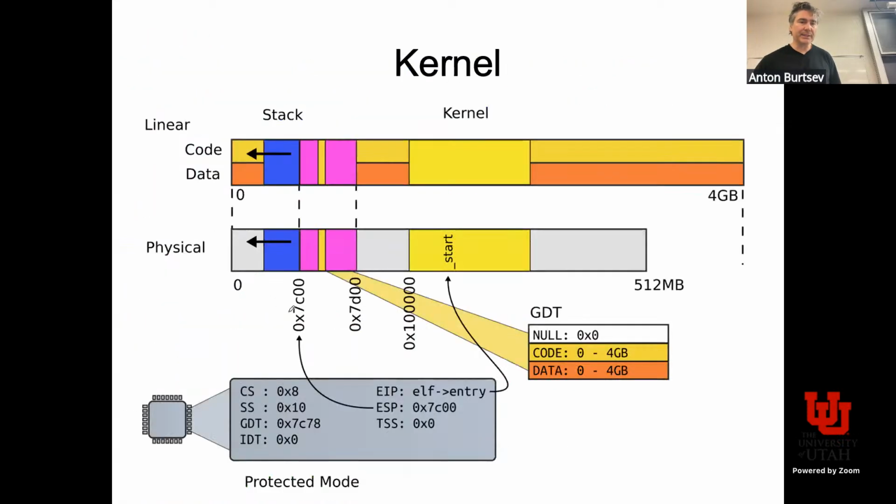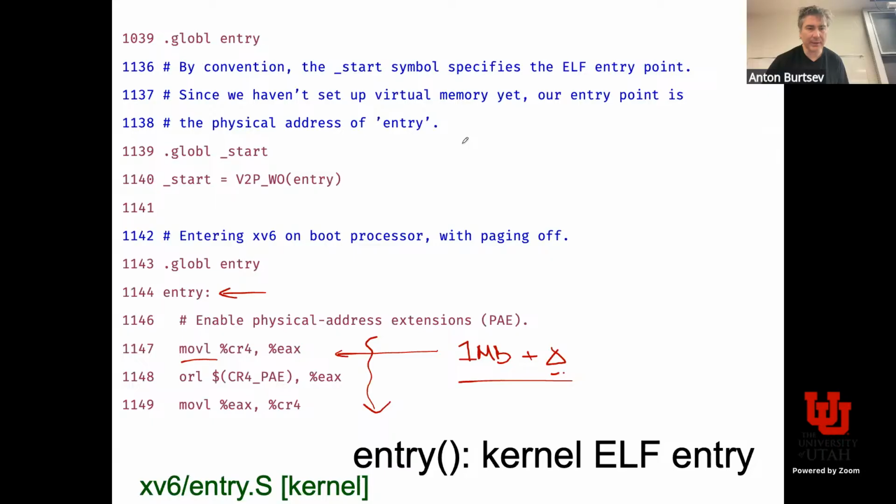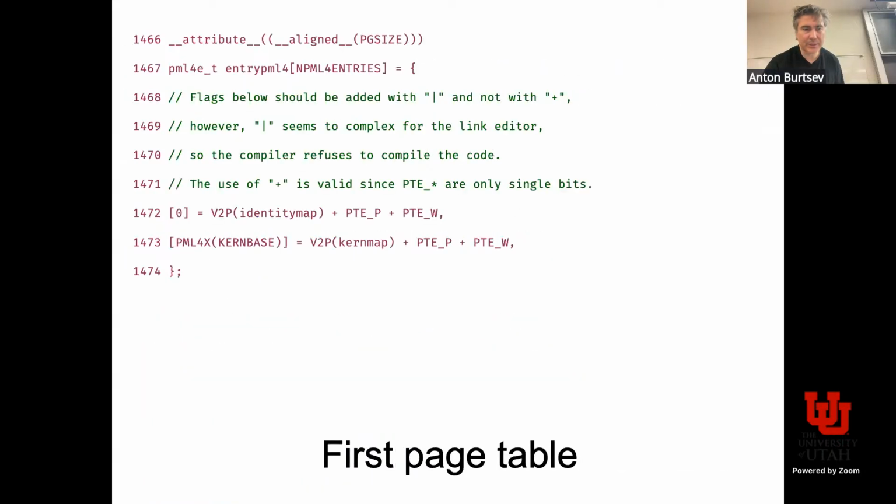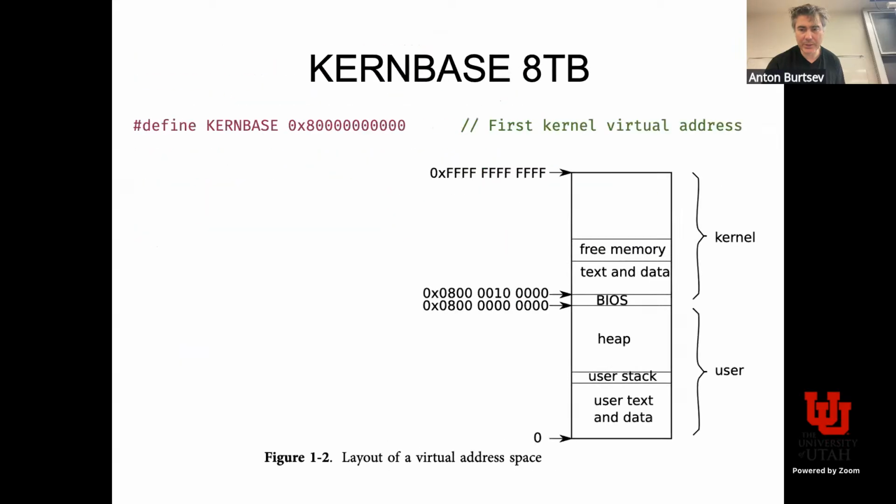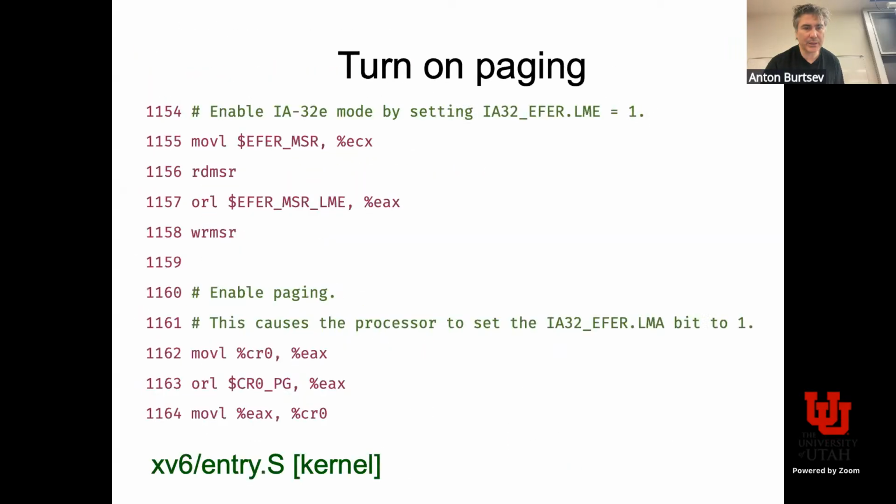On this diagram, segmentation is enabled. The start symbol is here, your instruction pointer points right here, and paging is not yet enabled. Let me show you which instruction enables paging.